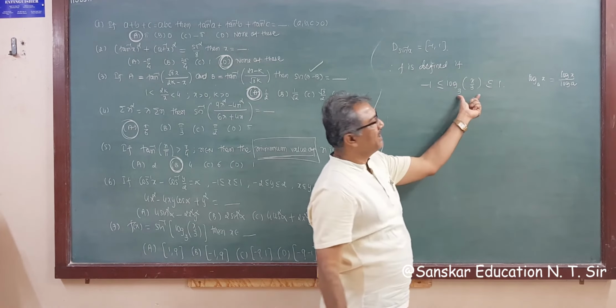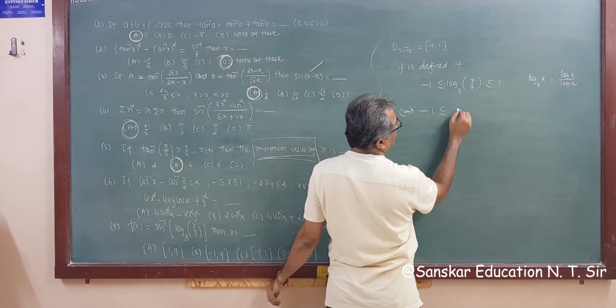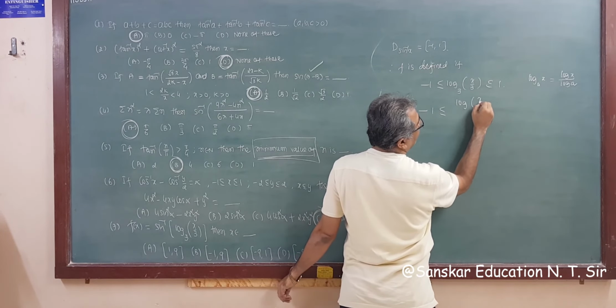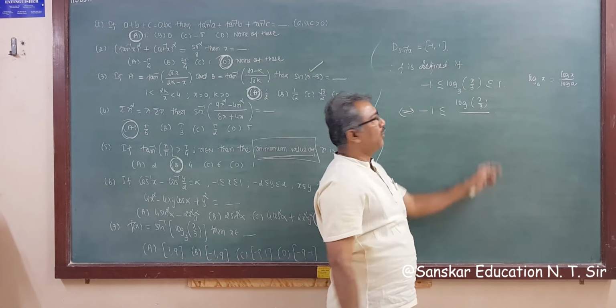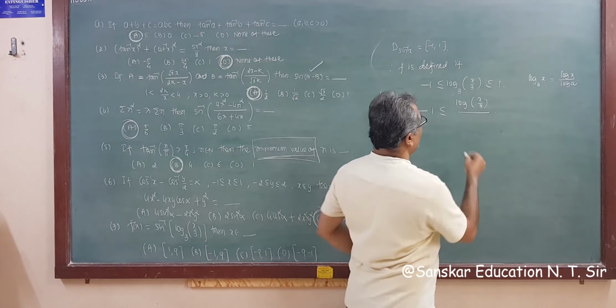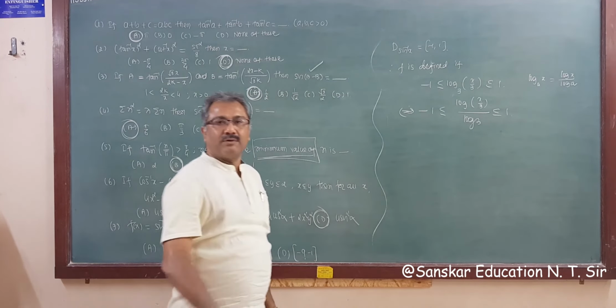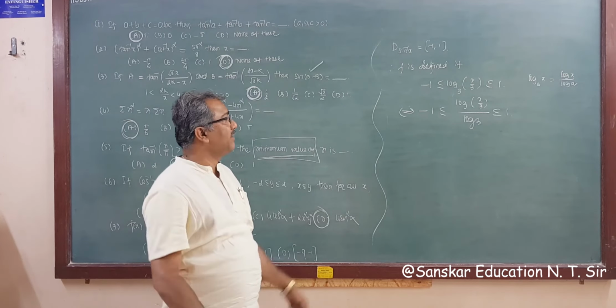So applying that rule here, what do we get? Minus 1 is less than or equal to log of x by 3, that is log of x upon the log of the base, log of 3, which is less than or equal to 1.